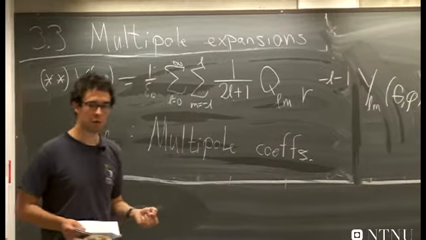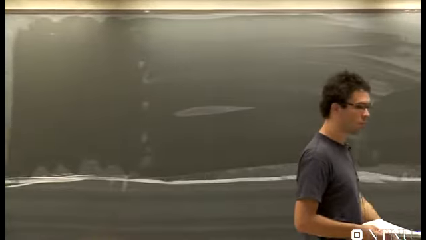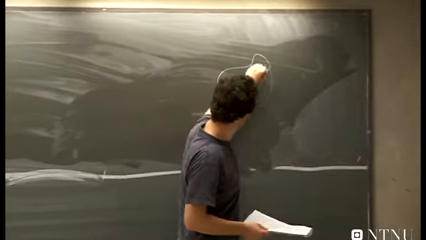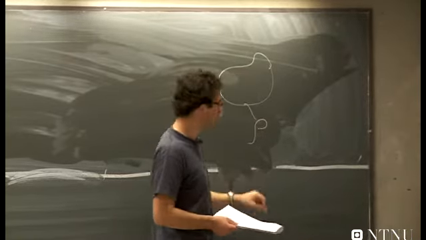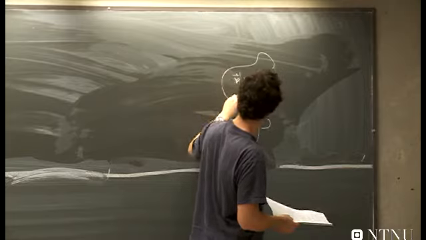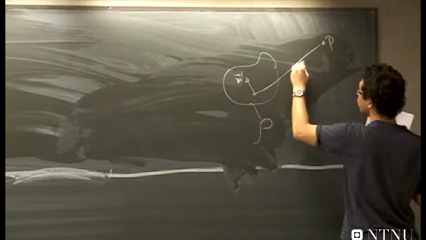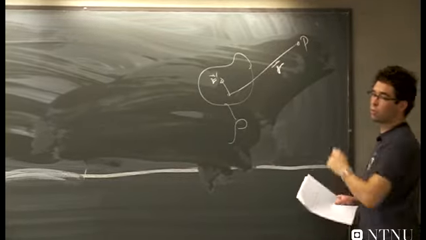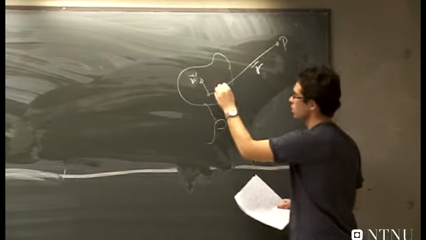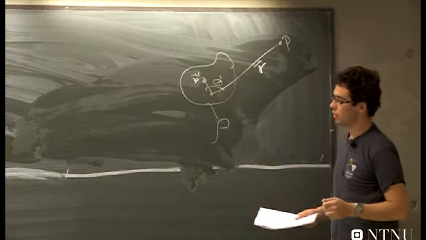And now this is different from last time, because if you remember the formula we had before, we had the charge distribution, we had the r prime, and r pointing out to the point we're looking at, and theta prime is the angle between these two vectors.